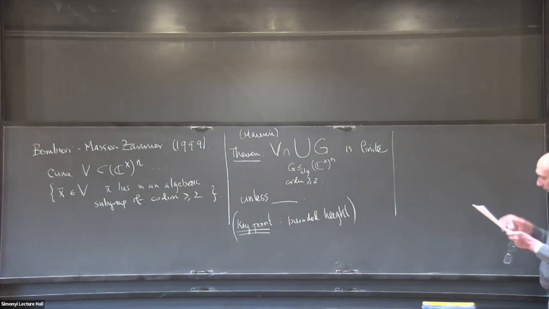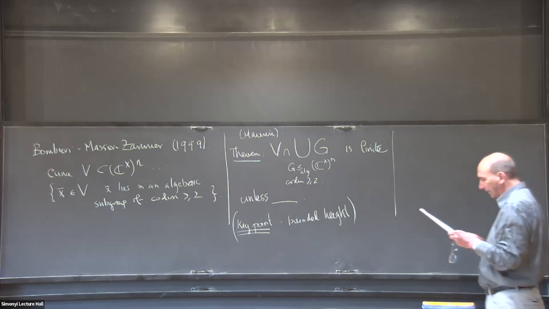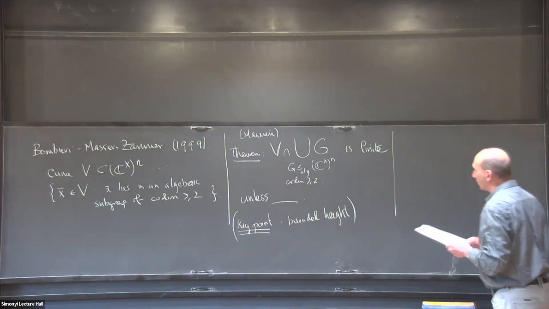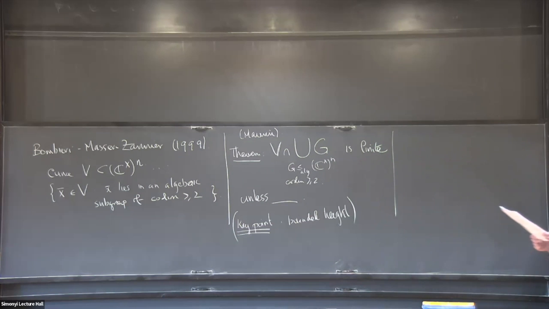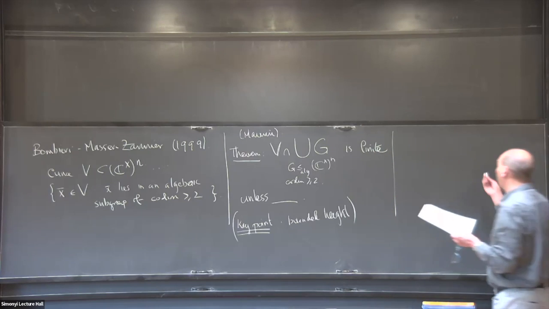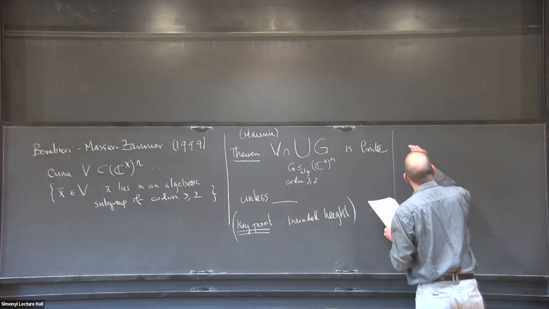So this line of work led them to formulate a bit later, in 2007, the higher dimensional analog of all of this, a conjecture of unlikely intersections.